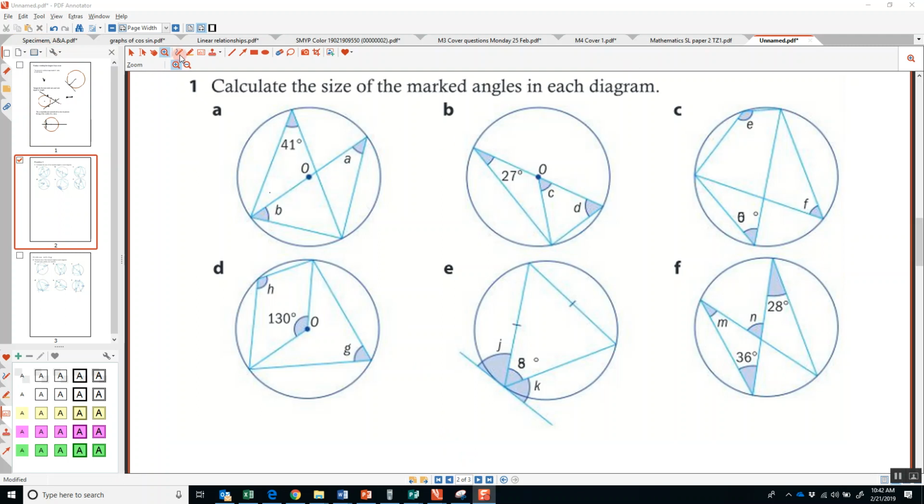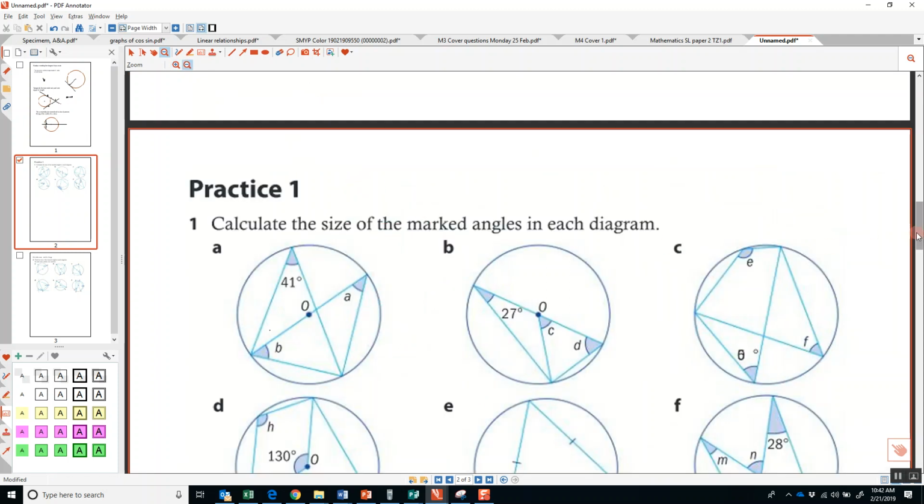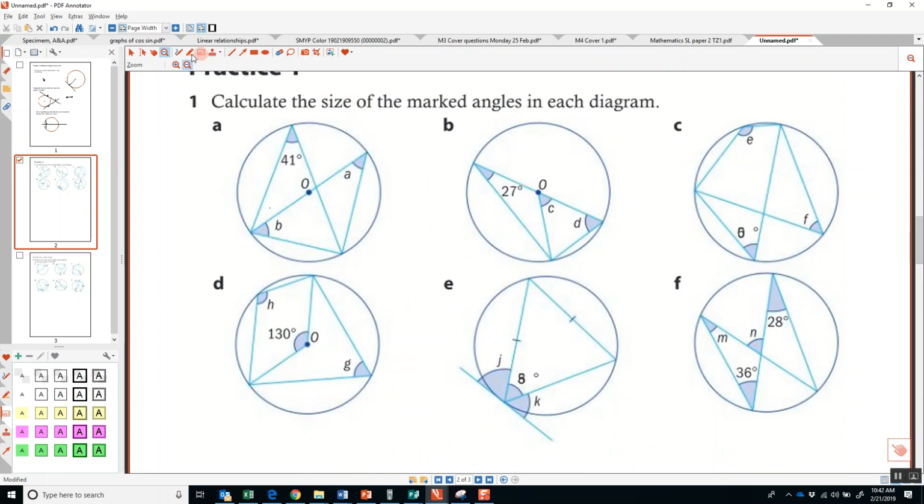Just to work through this first one. Up here is 41 because this angle is the same as this. This is the same segment. How do we work out B?